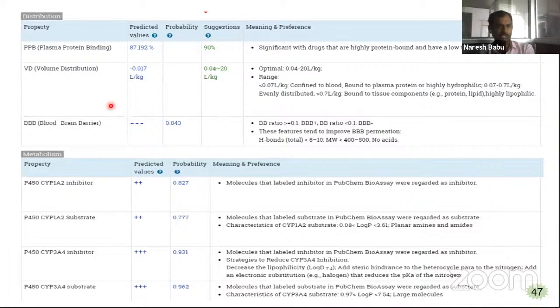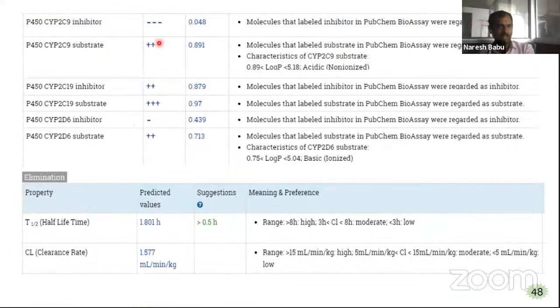Then volume of distribution, blood-brain barrier, and different metabolism by cytochrome P450. It has inhibitor and substrate activities, so all are plus, except cytochrome P450 2C9 inhibitor, it is not having, and also cytochrome 2D6.